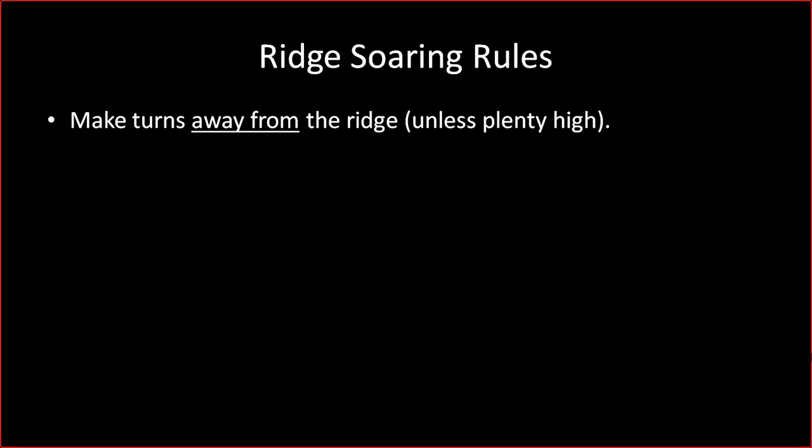Even if you're a little above the ridge, you may find that you drift so far in that big downwind turn that once you turn back into the wind, you're not even in the ridge lift anymore. You're just back over the top of the ridge. So for safety's sake, turn away from the ridge unless you're plenty high, at least 500 feet over the ridge.